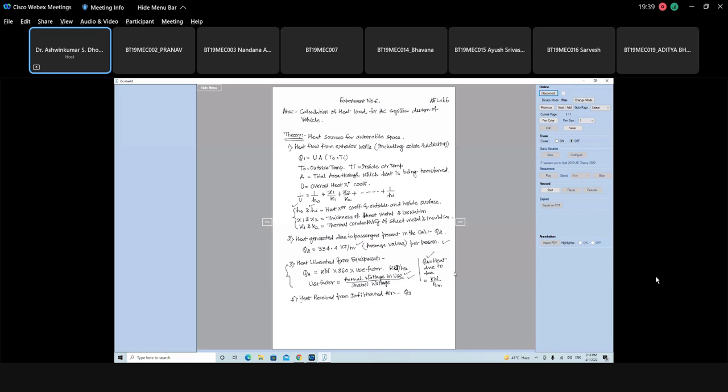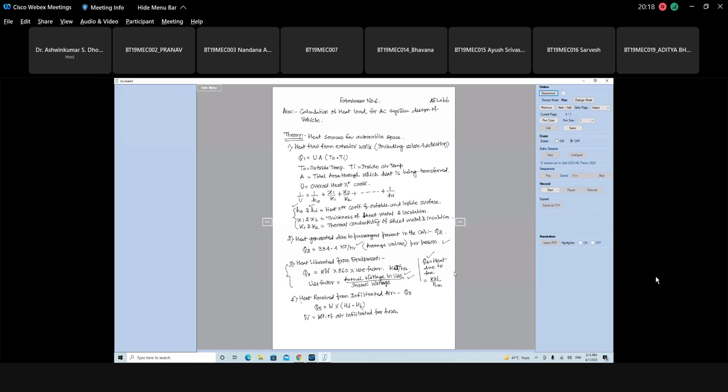Now Q5 comes out to be W, the mass of air infiltrated per hour, so W into (H_D minus H_B). Here W is the weight of air, rather it should be the mass of air infiltrated per hour.